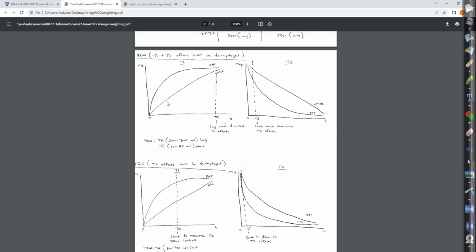So how do we do that? Well, for our T1 recovery curve, we allow all those tissues to fully recover so they're at 100%. So there's no contrast between those tissues. So we select a long TR.